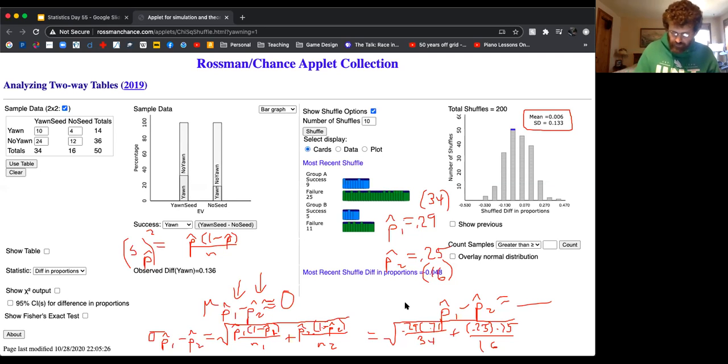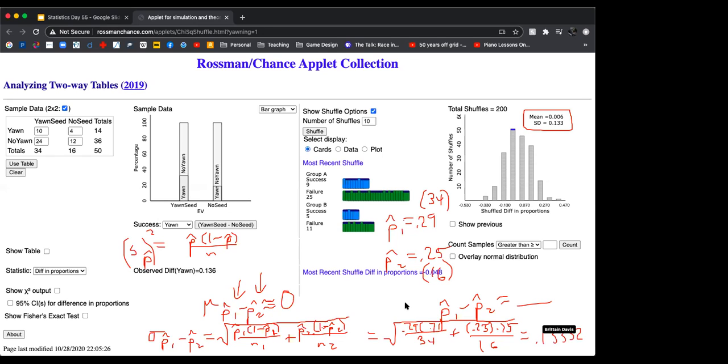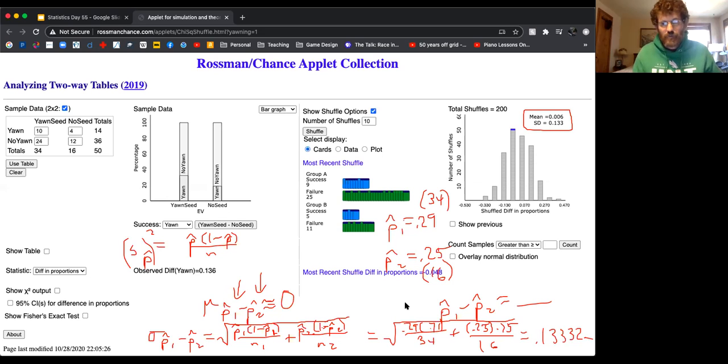Sure enough, when I do that calculation, I get 0.13332, and so on. Were you getting the same numbers if you plugged that in?